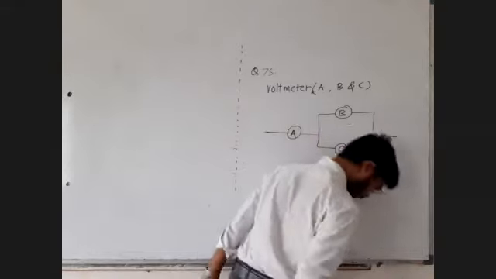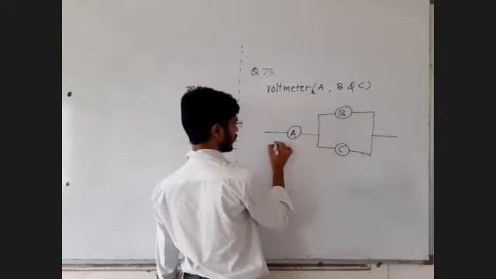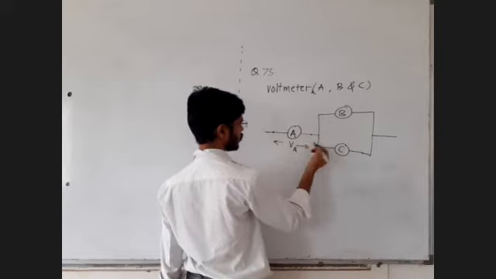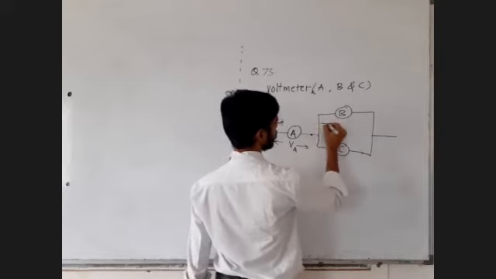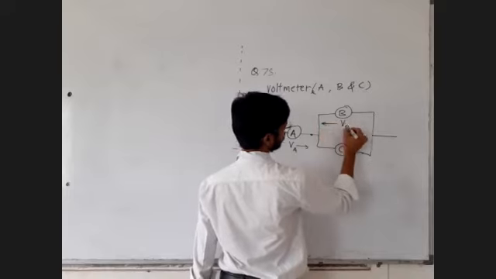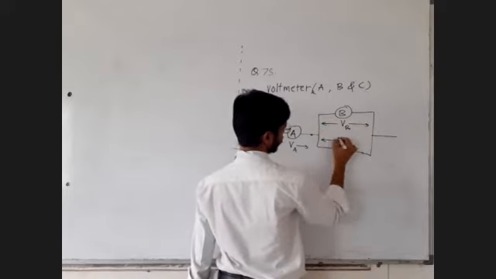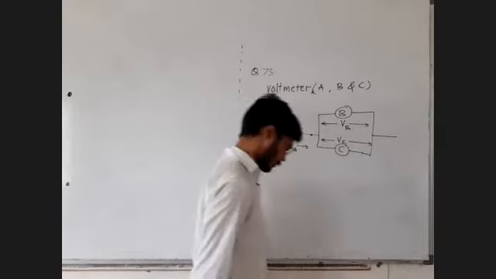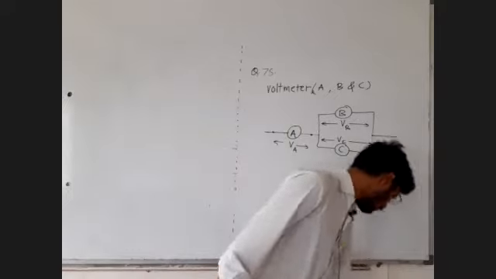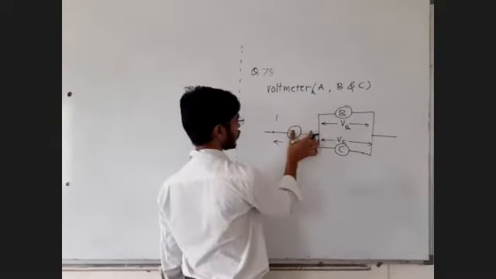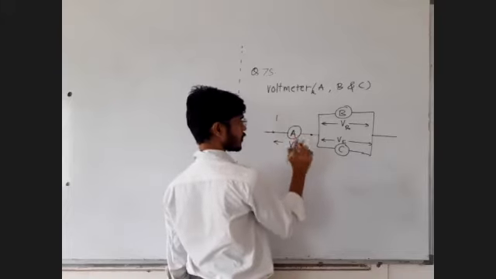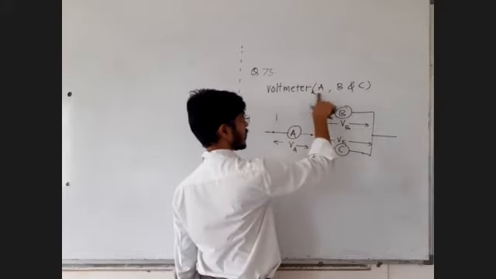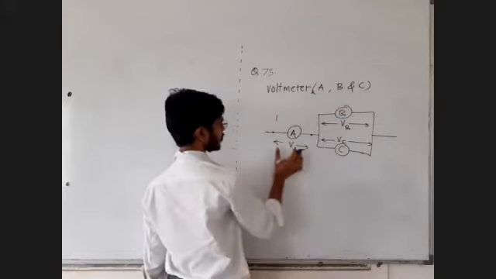Reading of each voltmeter will be the potential difference between its two points. Resistance of the first voltmeter is R. Of course, all of these are voltmeters. Don't confuse this A with the ammeter. A, B and C are just letters. All of them are voltmeters.